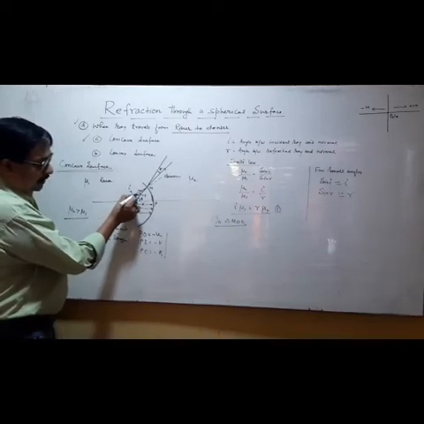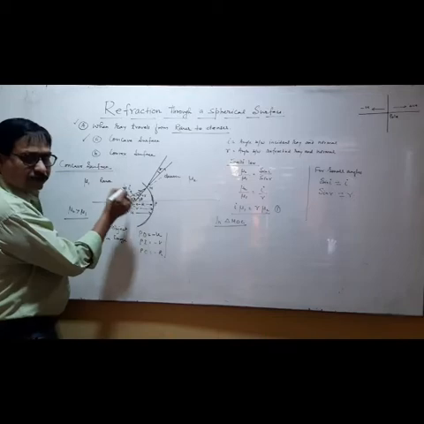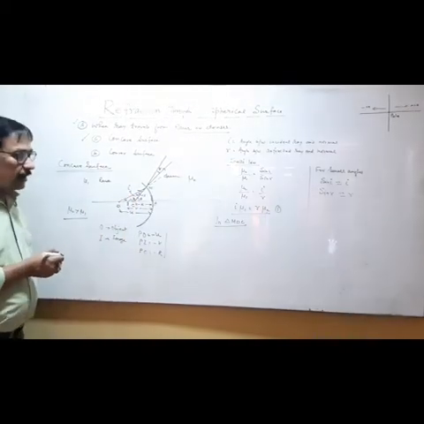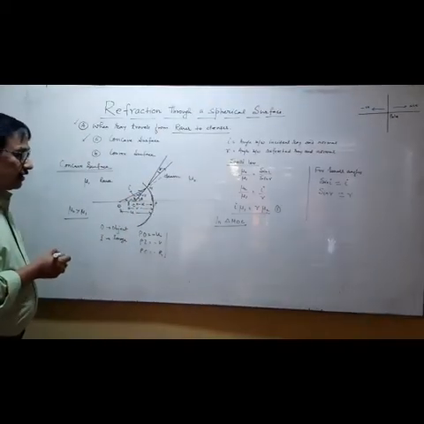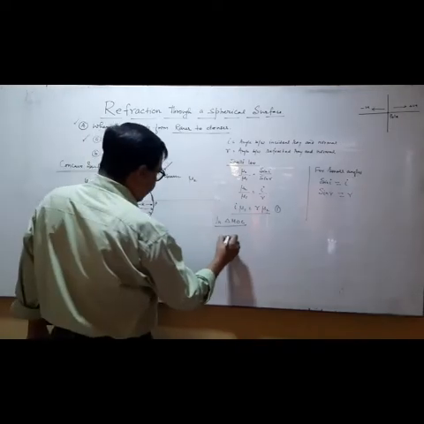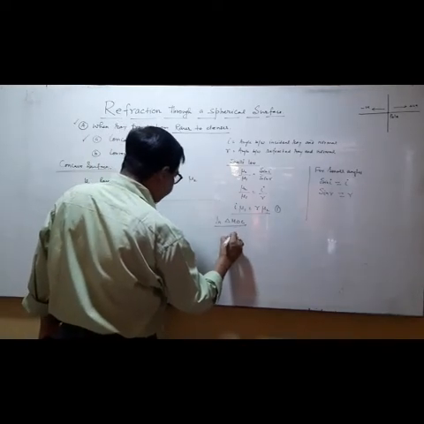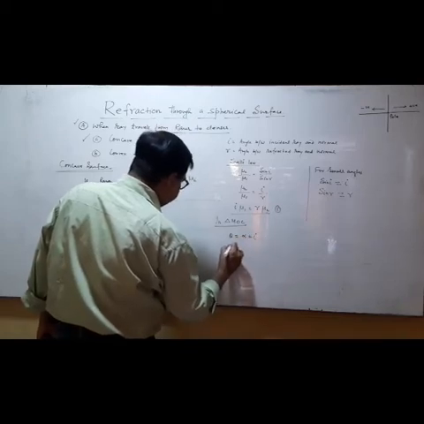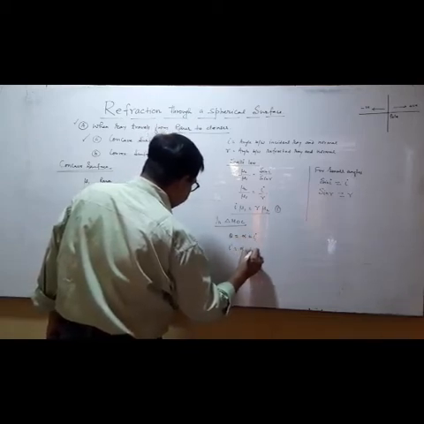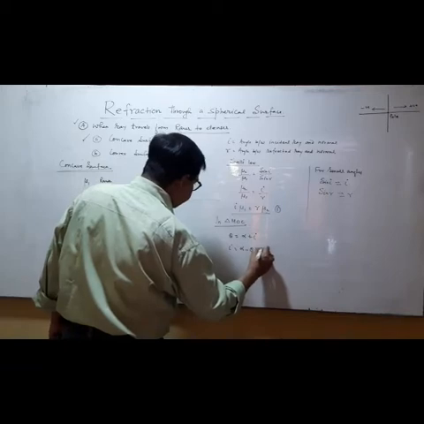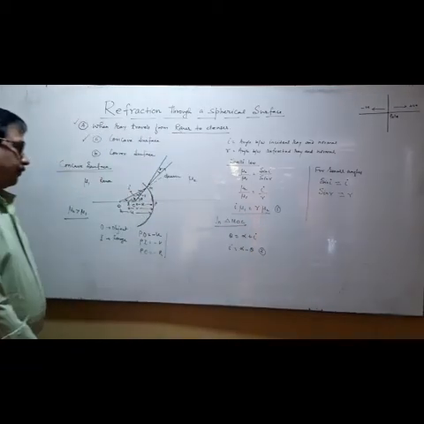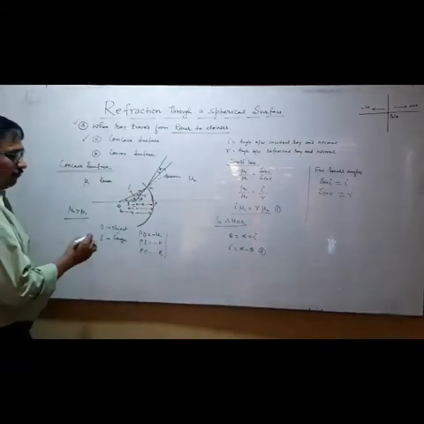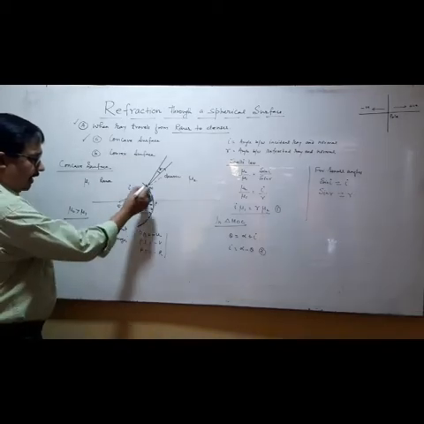Alpha plus I is equal to theta. Exterior angle is the sum of two interiors, so we can write theta is equal to alpha plus I, and I is equal to theta minus alpha. This is equation number 3.